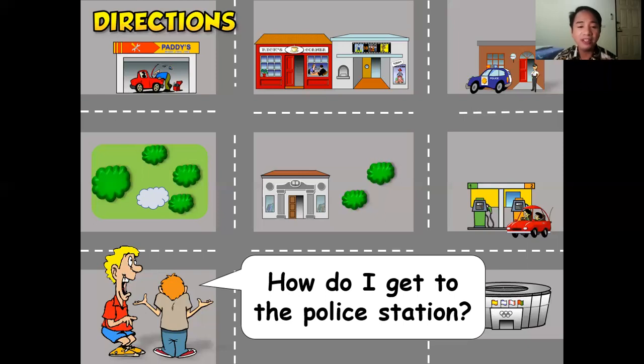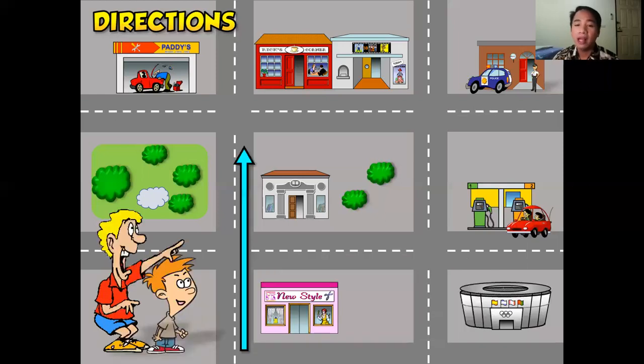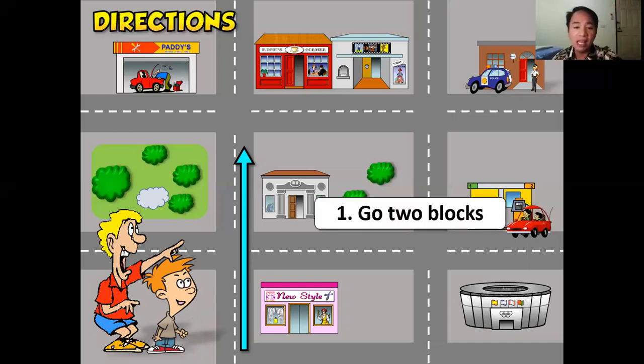First, follow the arrow. So if you are going to see the straight arrow, that's what you call go 2 blocks. Or walk, you have to walk straight. You have to walk straight for 2 blocks or go 2 blocks.